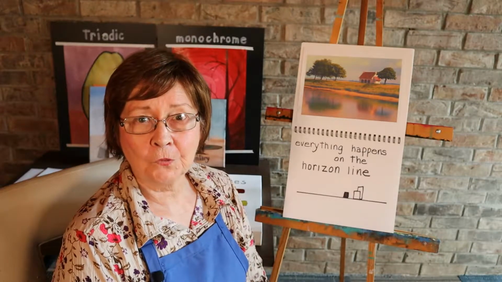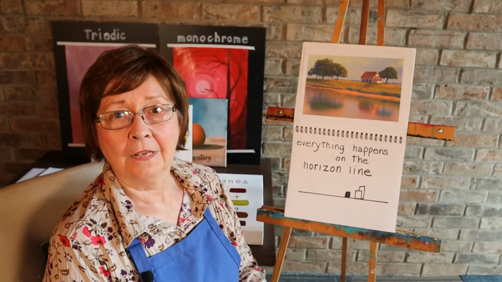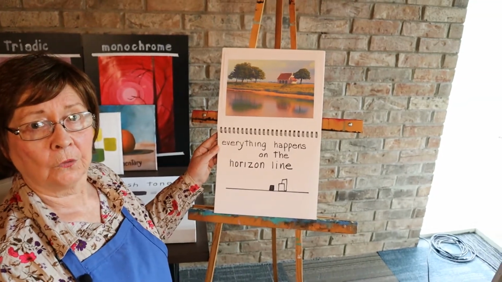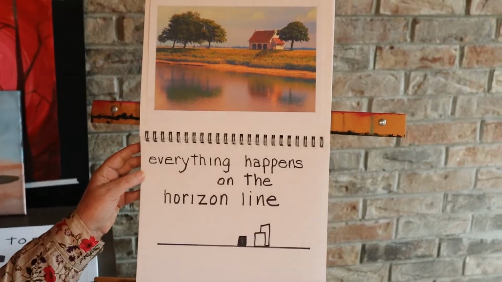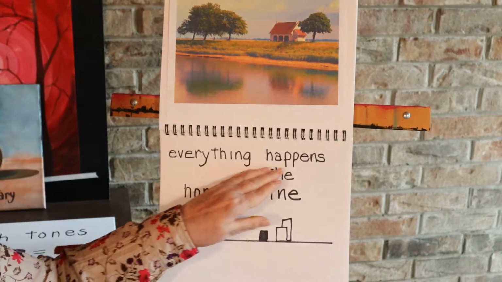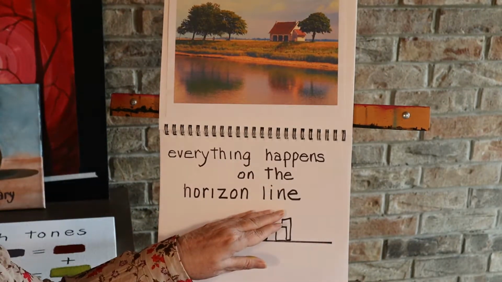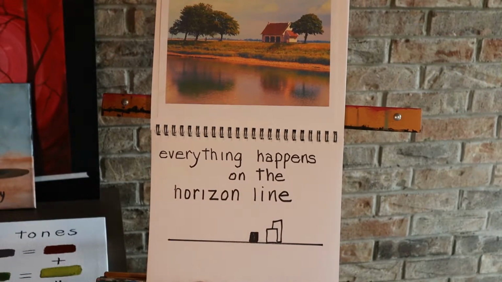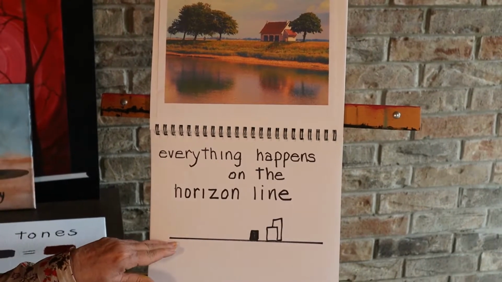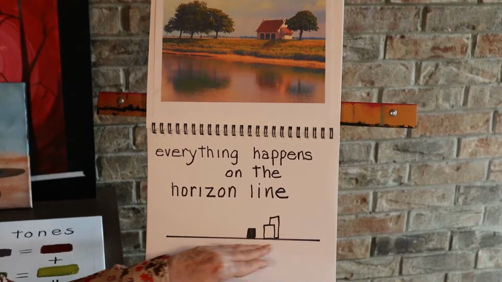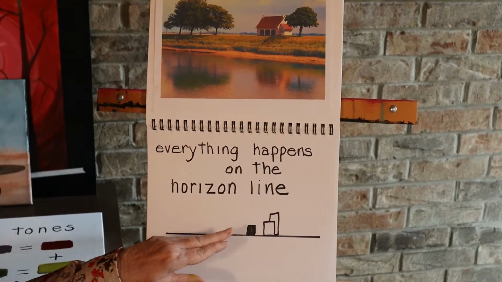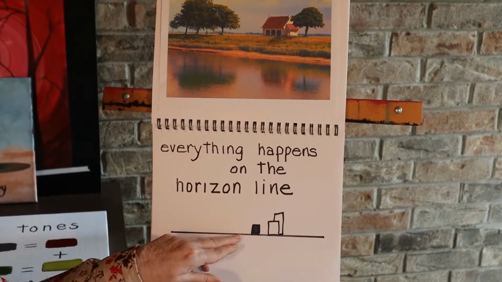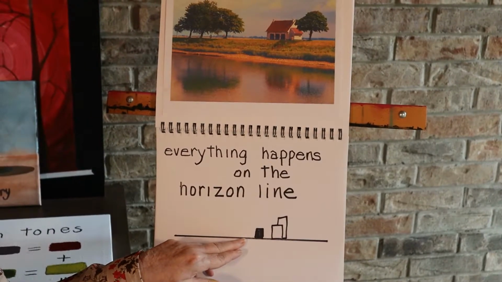Okay, the first one is going to be, as this example shows, everything happens on the horizon line. This is the name of the composition. So this is the horizon line right here. And as you can see, I have these little boxes and they're seated on the horizon line.